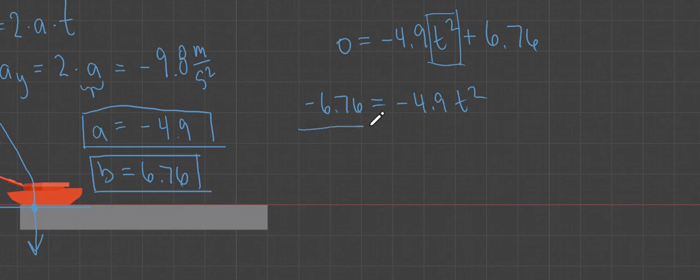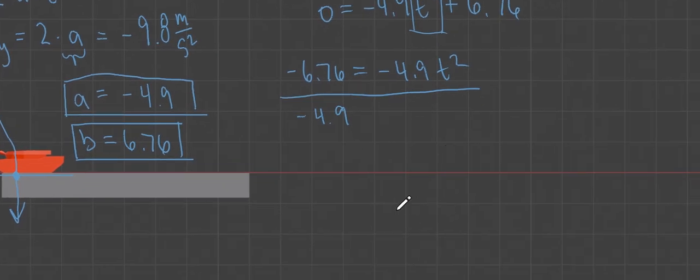Now we divide both sides by negative 4.9, and we get roughly 1.38 is equal to t squared, and then we just take the square root of that.